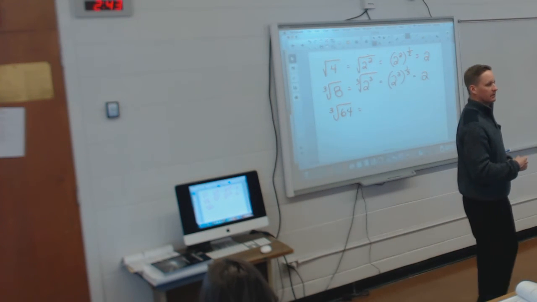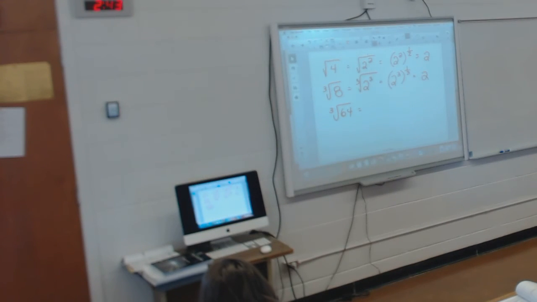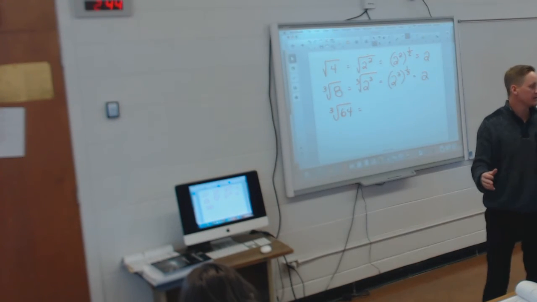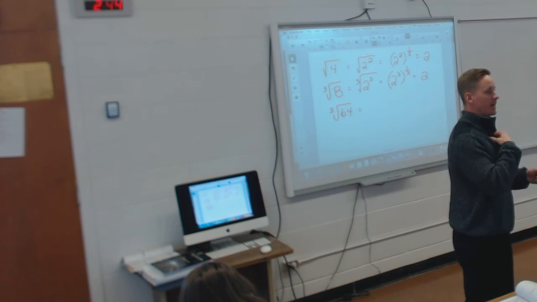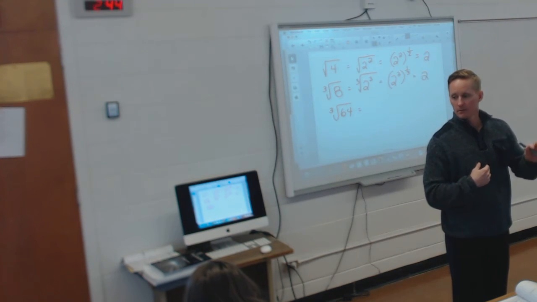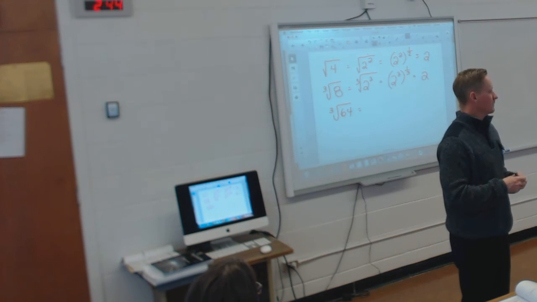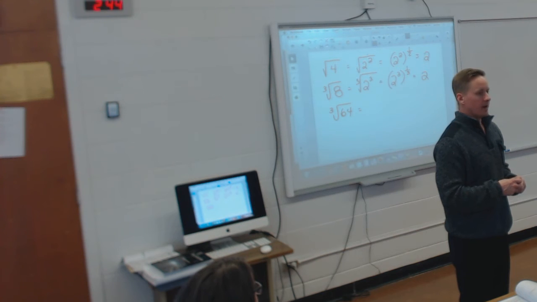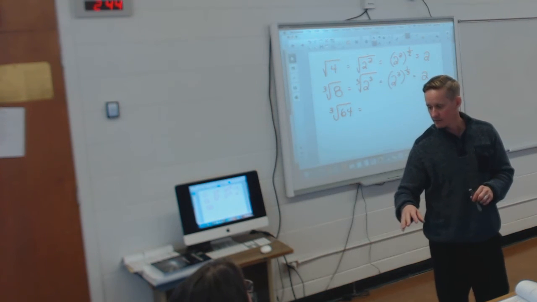Can you find me the cube root of 64 on your calculator? Because it's a different button that you haven't used yet. I want to make sure you know how to use it. Anybody not know how to use their calculator?